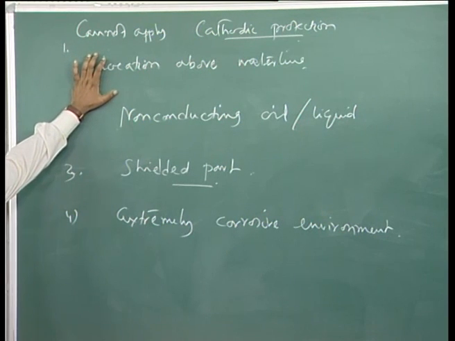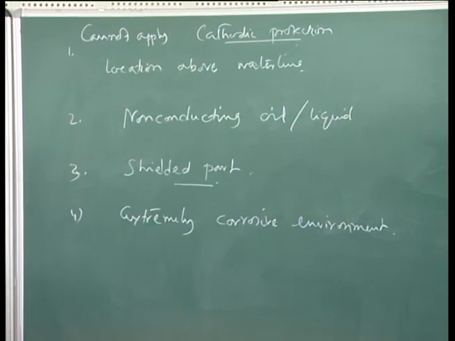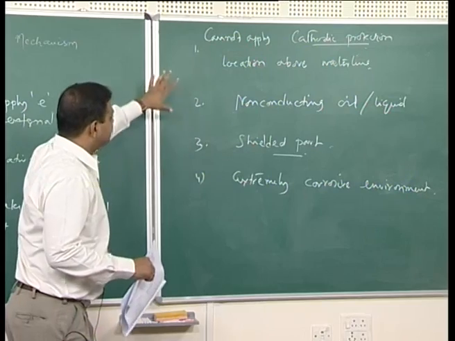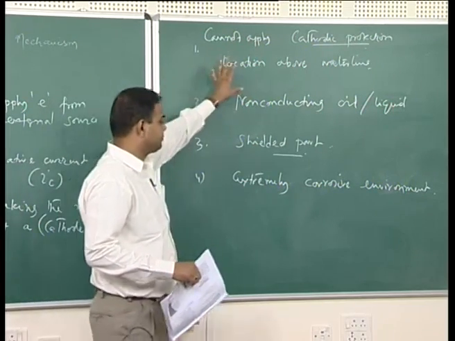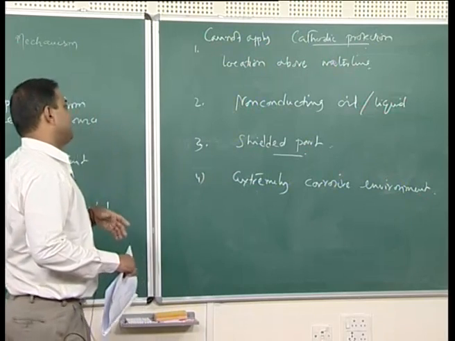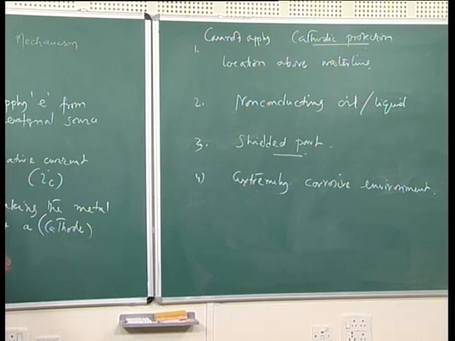So, we have to go for something else. So, these are the 4 situations where we cannot go for any cathodic protection. We have to think of some different ways to protect those structures under these conditions.